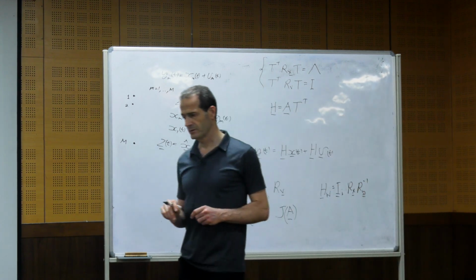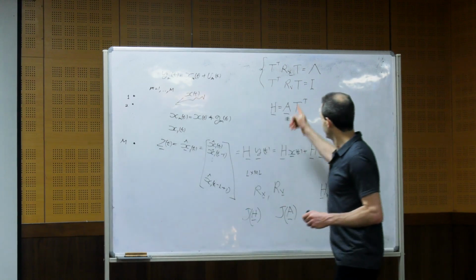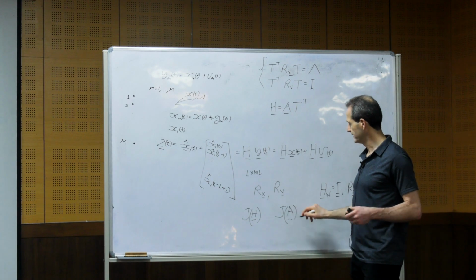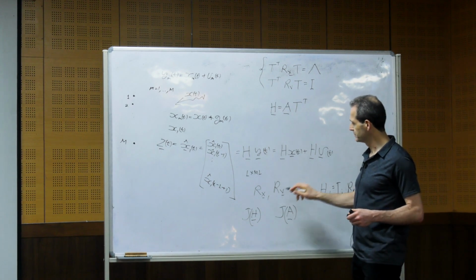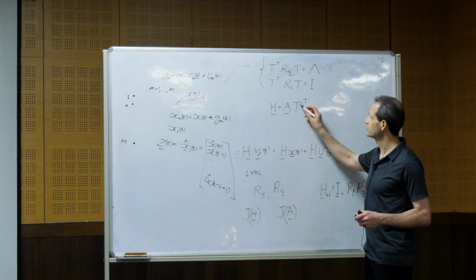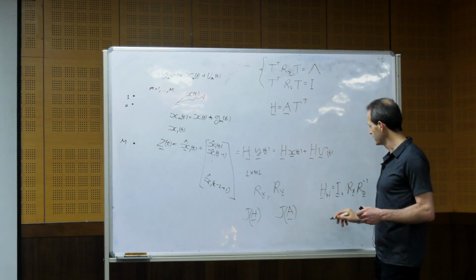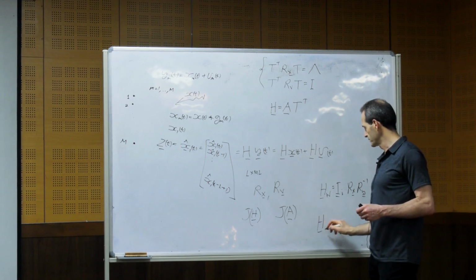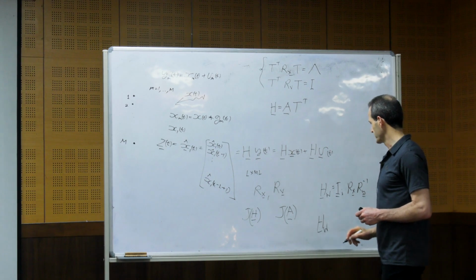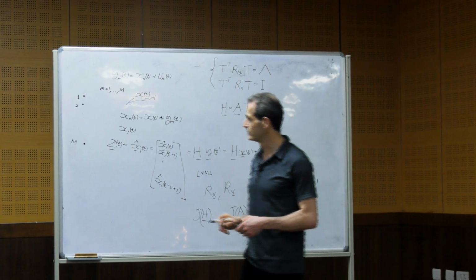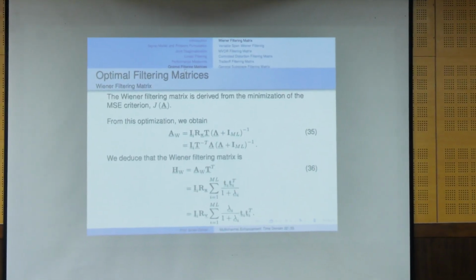But if we use the transform domain and find A, the optimal A that minimizes the MSE, and then we multiply with the matrix T transpose from the right, we get another formulation of the Wiener filtering matrix, which looks like this, which is a nice way to get this one.